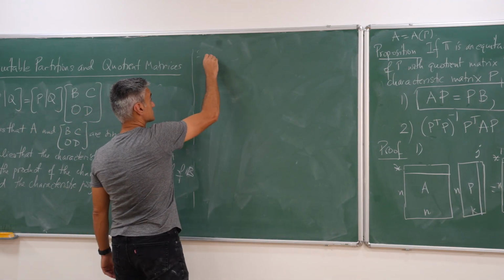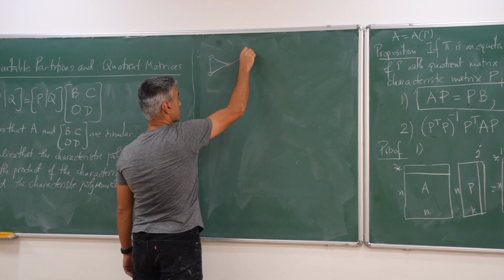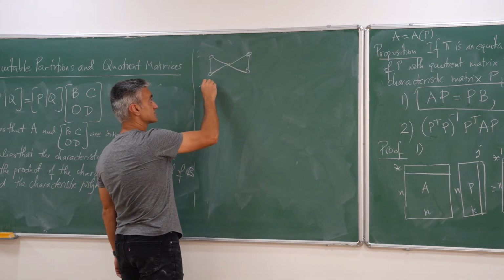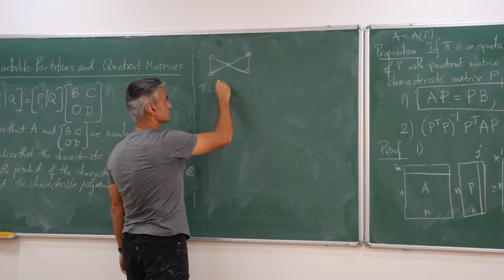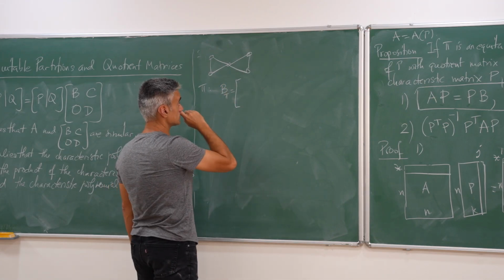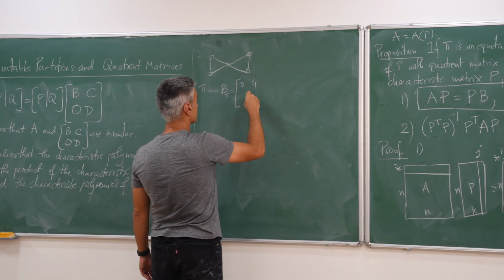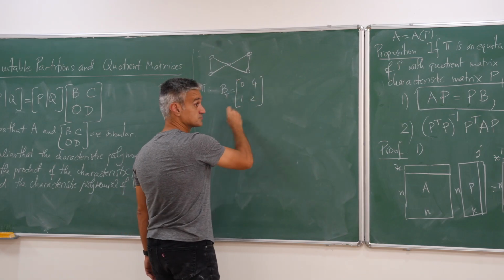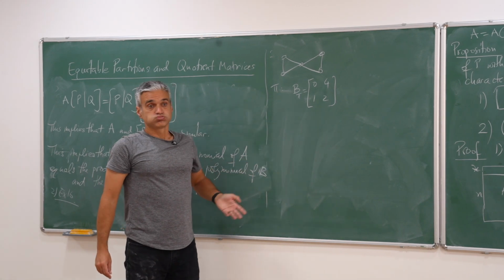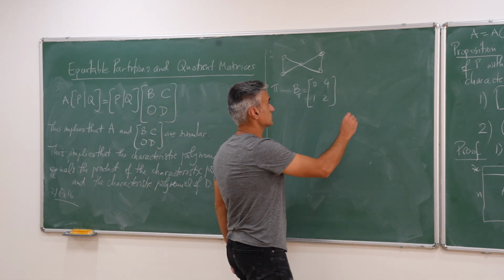Let's come back to our example, this bow tie. We had two partitions. The first partition into two parts, pi. I'll just write down the quotient matrix: 0, 4, 1, 2. What are the eigenvalues here?